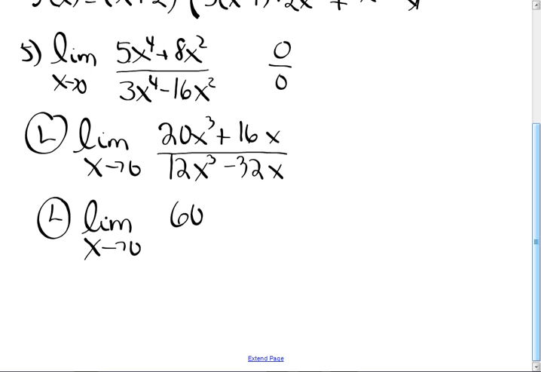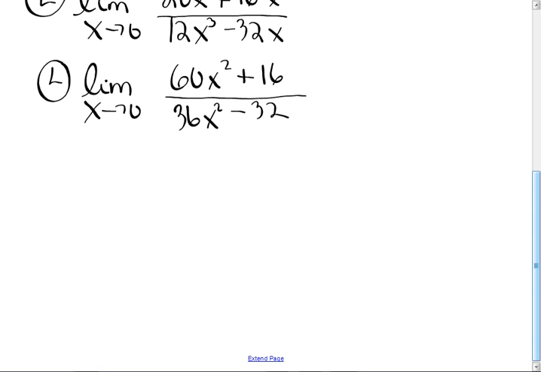This is 60x squared plus 16 over 36x squared minus 32. Now put 0 in. You get 16 over negative 32, negative 1/2. A. Do you want to see the factoring way, or you like this way?